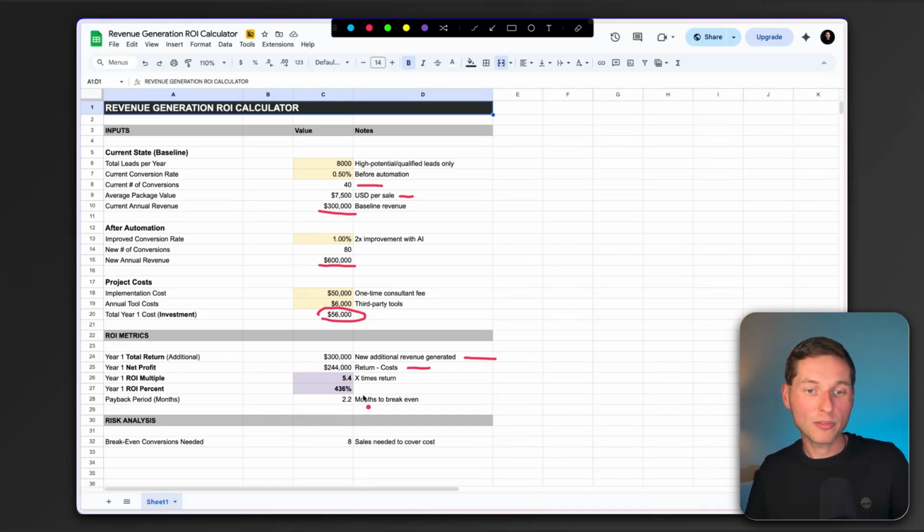And if you do the math based on the formula that we did before, that results in an ROI multiple of 5.4x or 436%. And if you think about the payback period, it takes just 2.2 months to pay for this project cost and break even, or 8 additional sales needed in the entire year from this initiative.